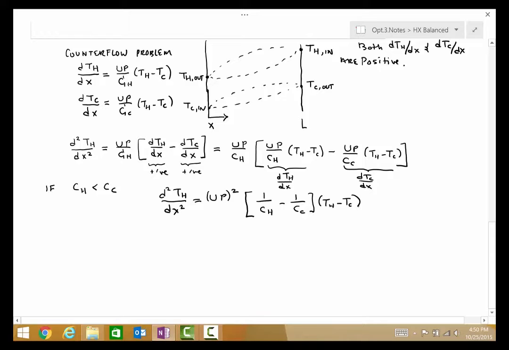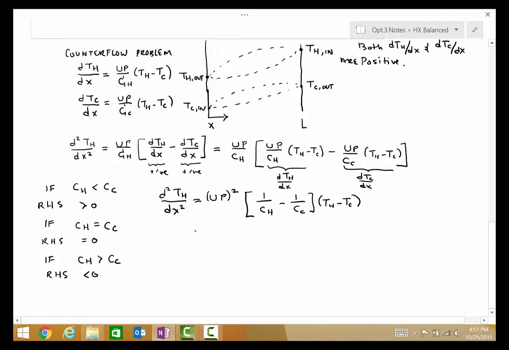If CH is less than CC, then this is a positive number, so the right-hand side is greater than 0. If CH is equal to CC, then the right-hand side is equal to 0. And if CH is greater than CC, then the right-hand side is less than 0.